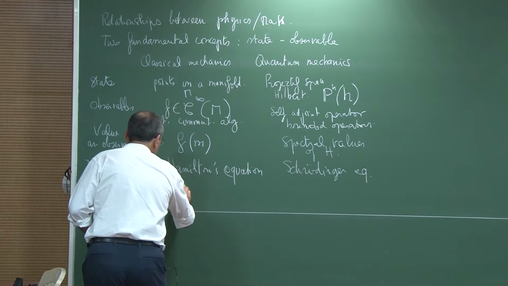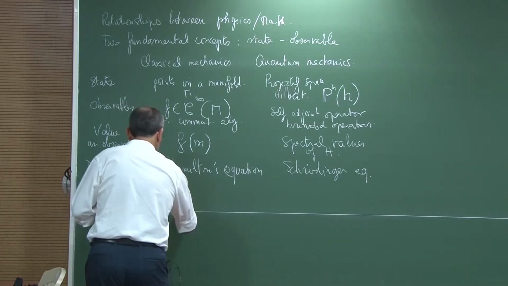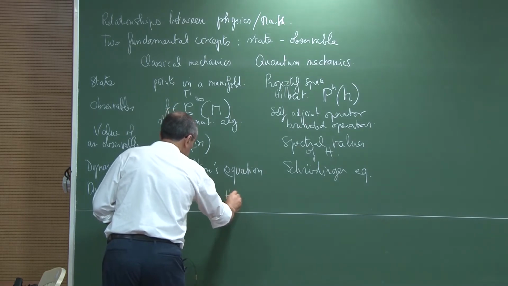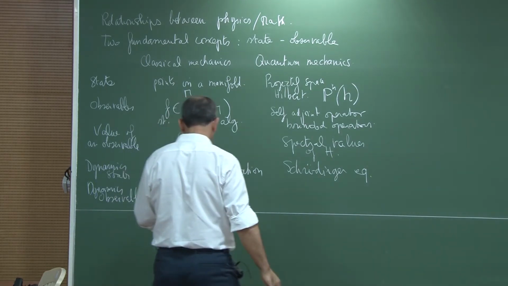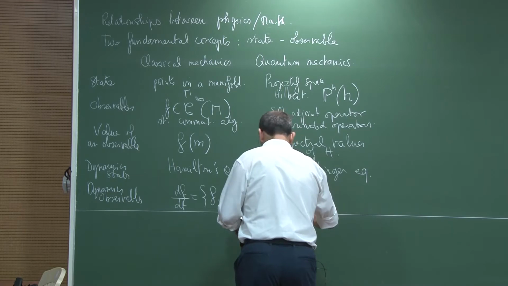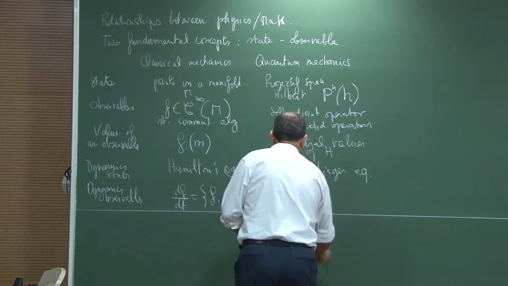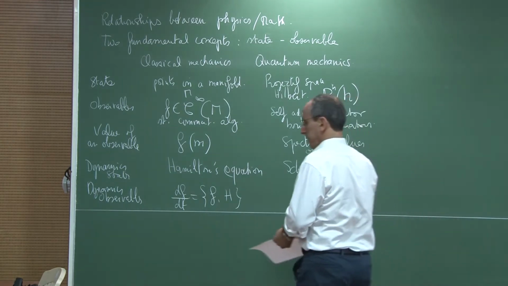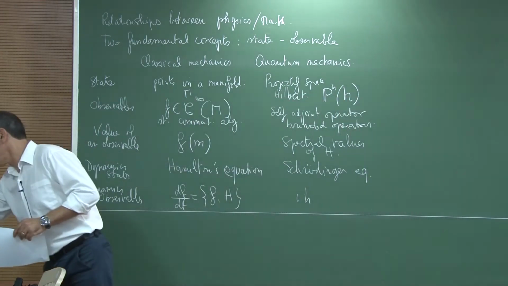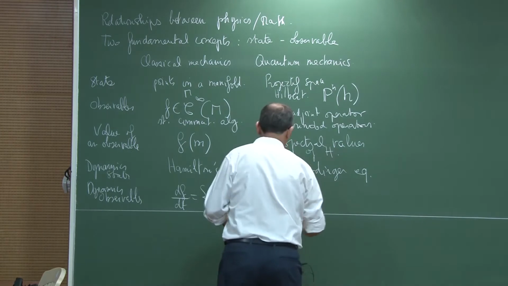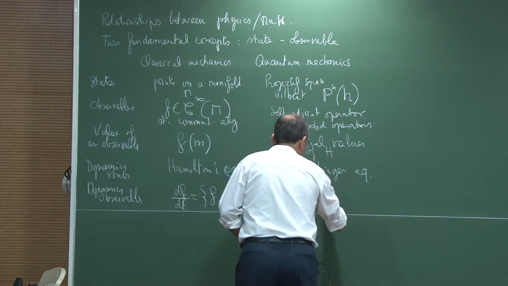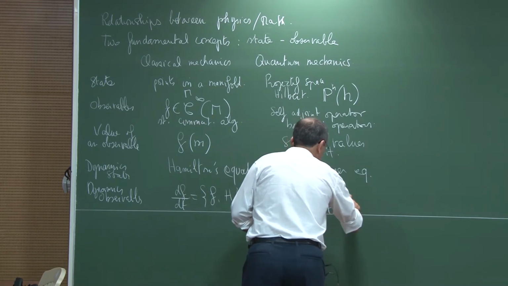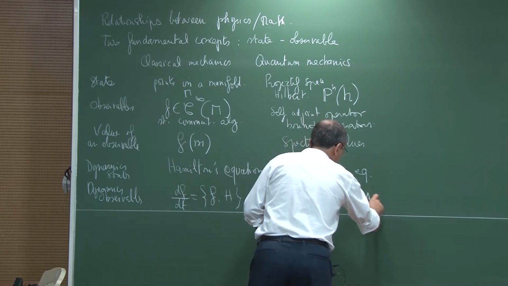And the equation is the following: df/dt is the bracket of f and H, and for quantum mechanics it is the commutator bracket of A and H.